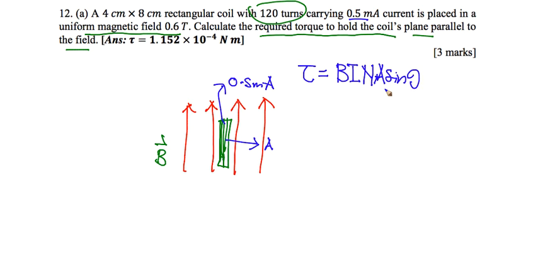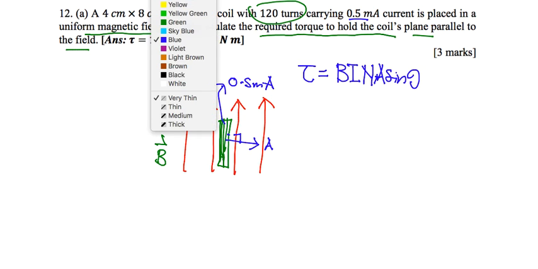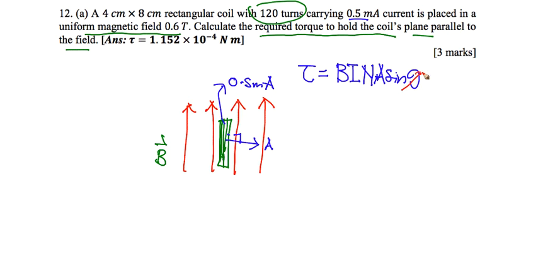Theta is the angle between B and A. Here B and A are at 90 degrees, so sine theta is equal to 1. So torque is equal to B, I, N and A.